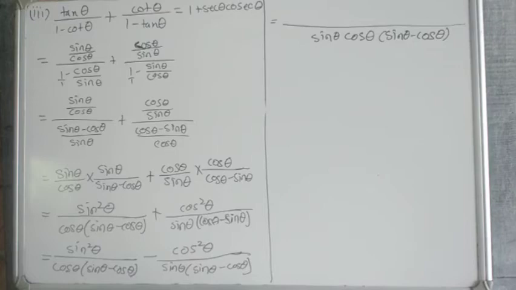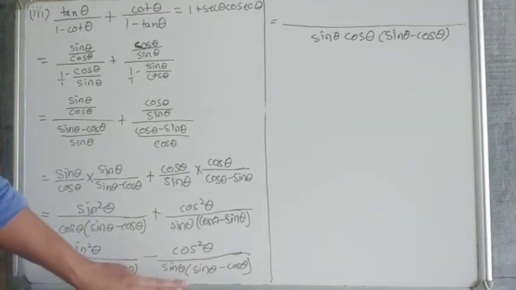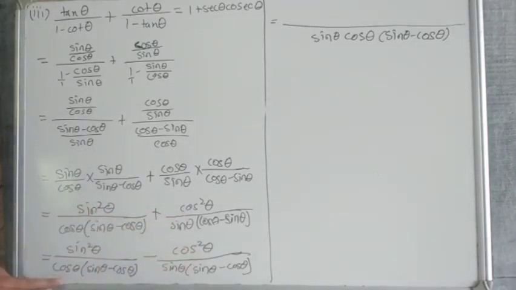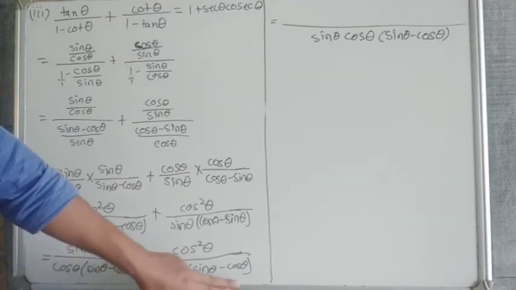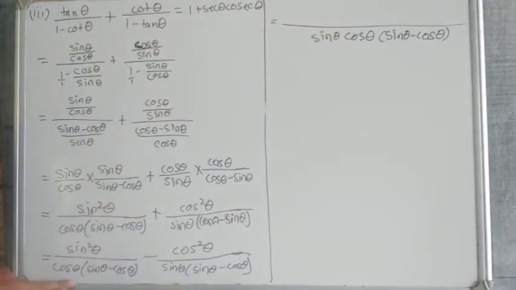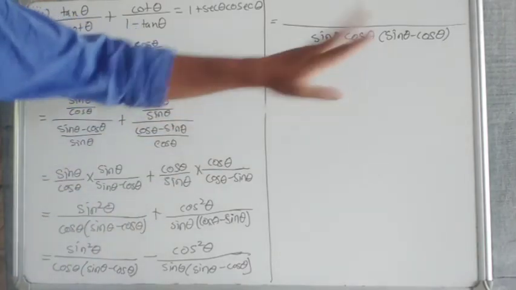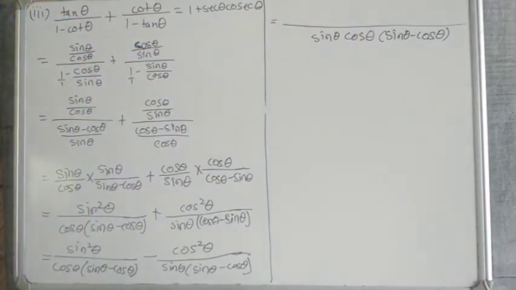Very complicated. Okay, so when I am taking the LCM of this and this, sine theta minus cos theta, which is the same, came one time, and then cos theta and sine theta, which are different, came once. Okay, this is clear. Now the upper one also, what will happen?